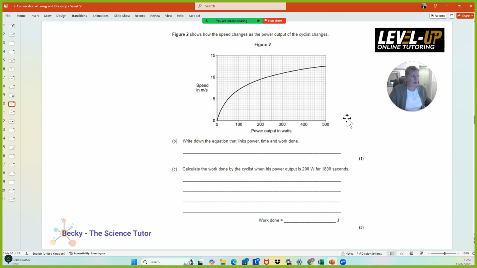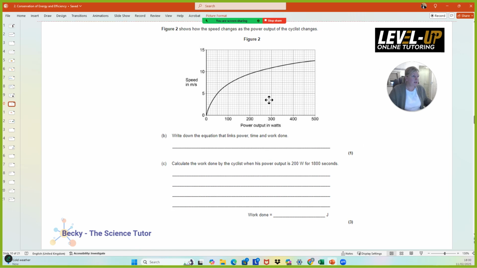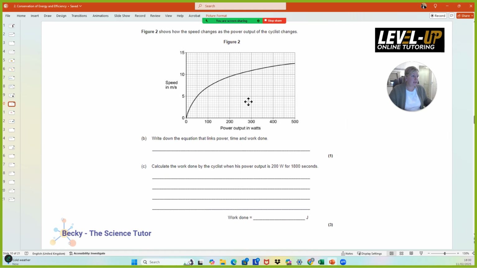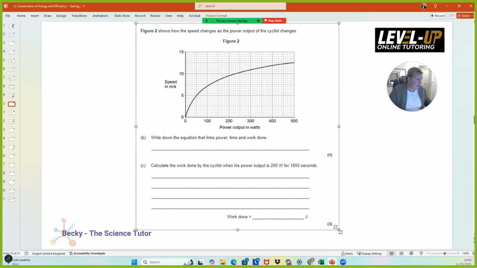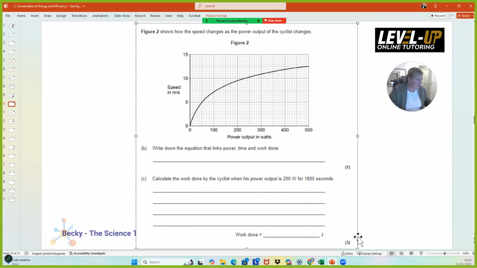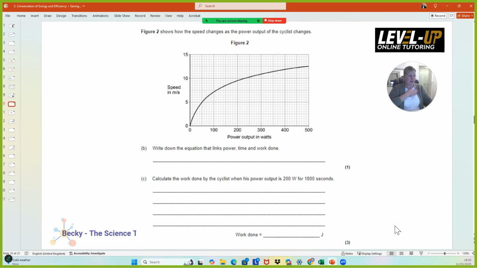Right, let's have a look. Yeah, let's do this one because this is a little bit different, because here you've got to take it from the graph. See if I can just make it a little bit bigger for you. So this one is worth 3 marks because this time we're calculating the work done. So this time we've got to rearrange.